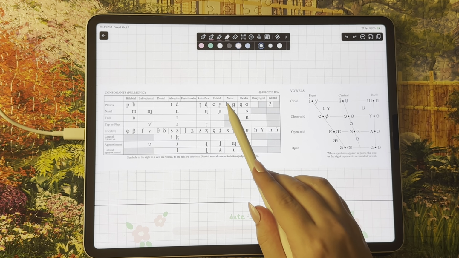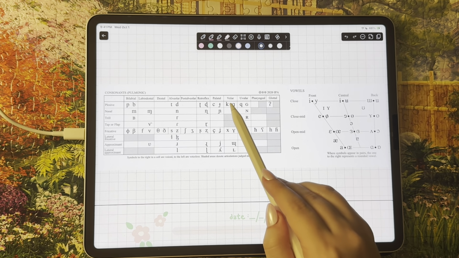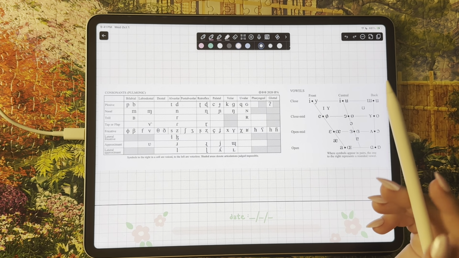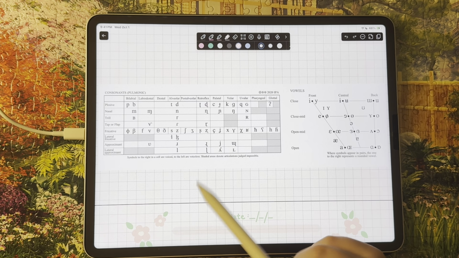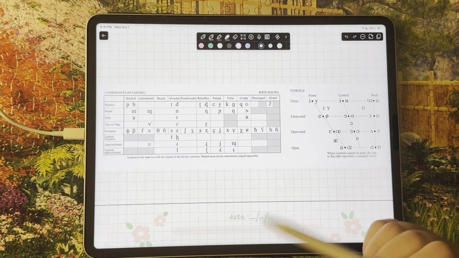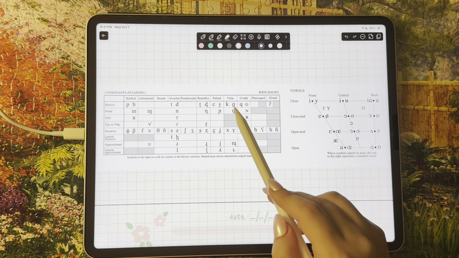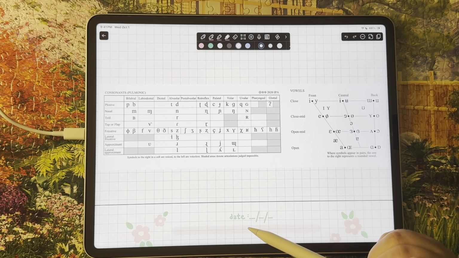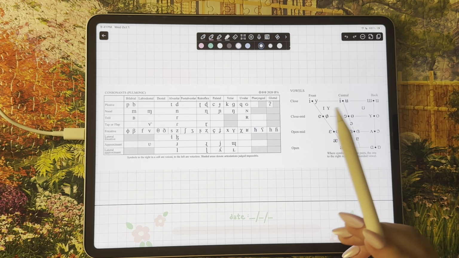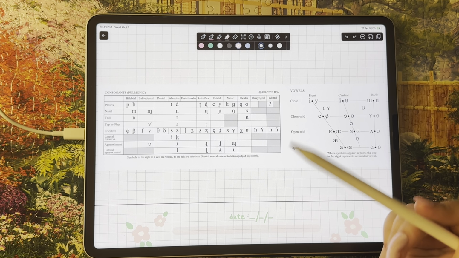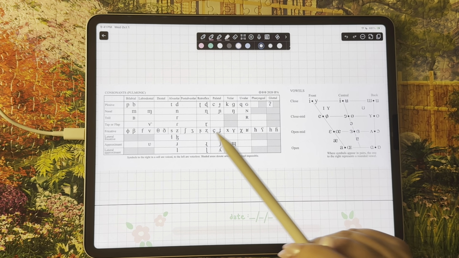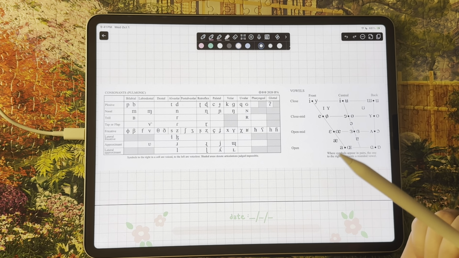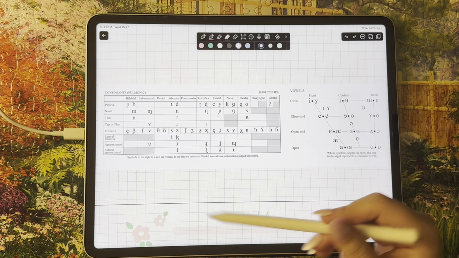In English, we use the velar plosives K and G quite often in words like cat and goat. You might have noticed that the symbols are not always written as they are spelled in words.